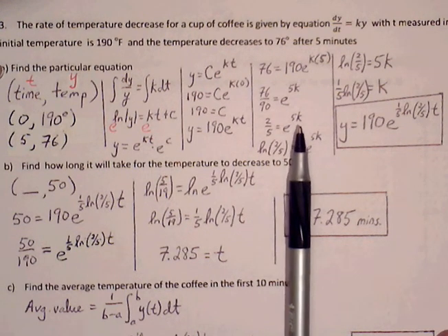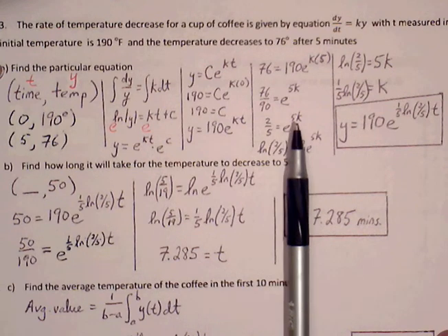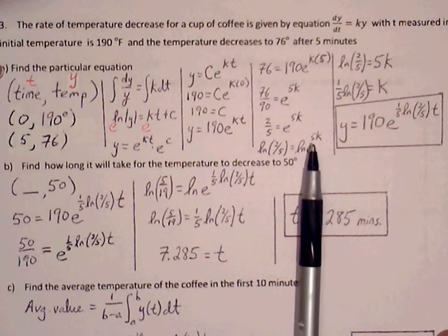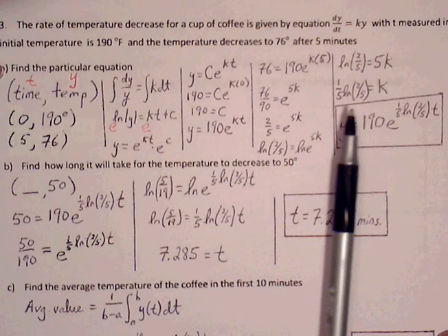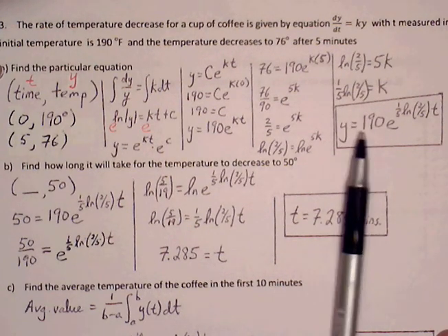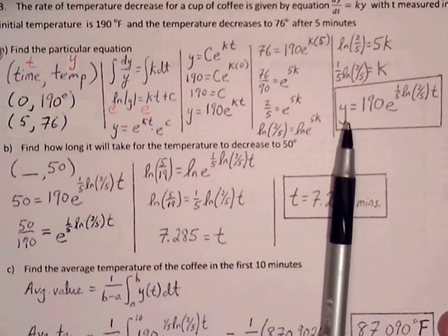Next, we have to use natural logs in order for us to bring the 5k down, so we can use the log properties. So take the natural log of both sides. This right side becomes 5k. Divide both sides by 5, and we get our k value, which is 1/5 natural log of 2/5. So now we have arrived at our particular solution.